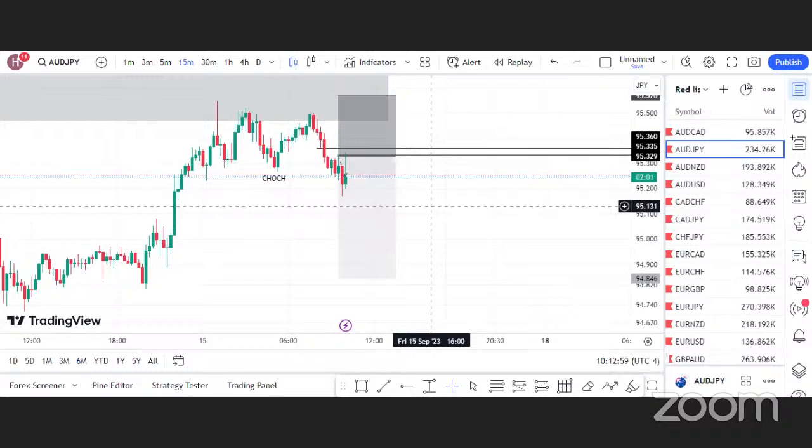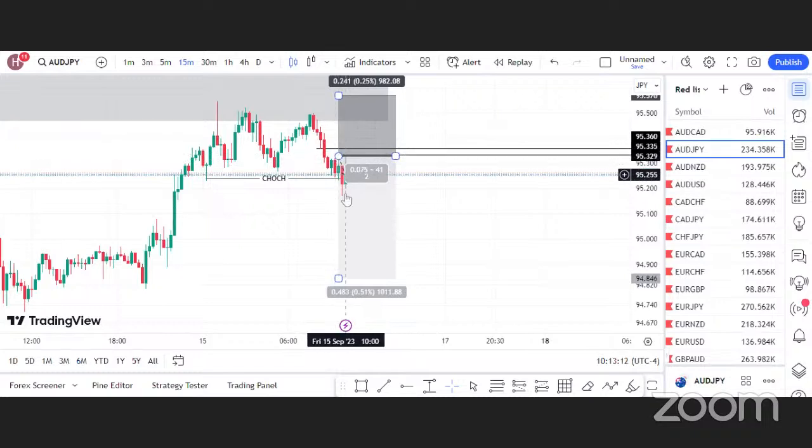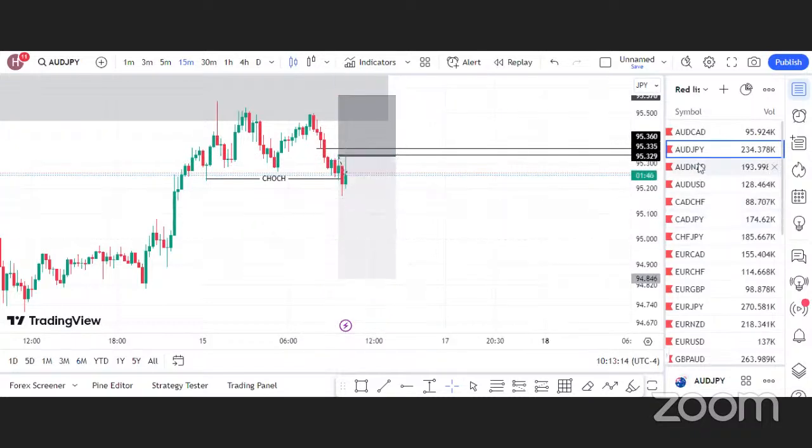I hate missing entries. Seriously, I hate it when I miss entries. That's why I love setting buy limits and sell limits, all right? So you see what happened here? Immediately it triggered, the market started rushing to the downside, okay? And the same thing happened on the other trade I showed you guys just now.